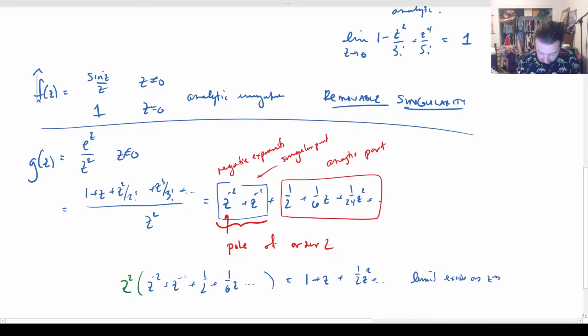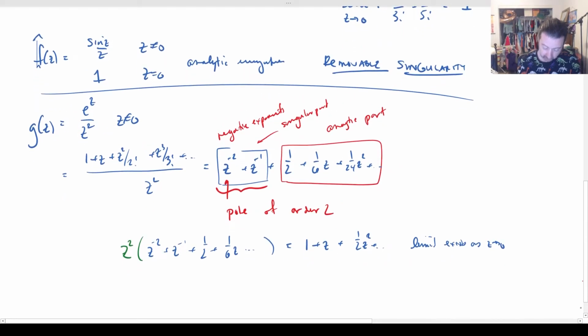But if you multiplied by a power of z that's 1 higher, so if you multiplied the same series but now by z cubed, z to the minus 2 plus z to the minus 1 plus 1/2, and so on, you end up with a series z plus z squared plus 1/2 z to the third, and so on.